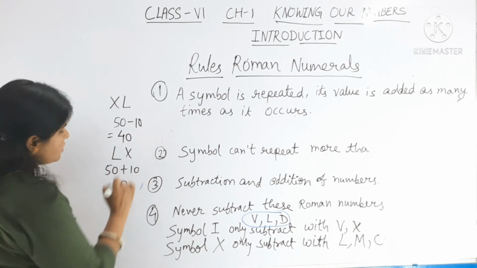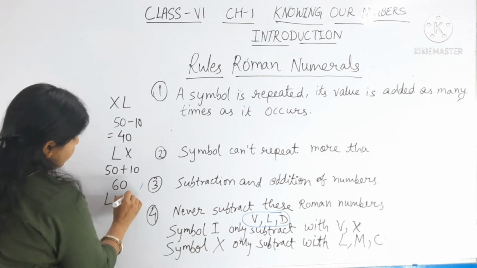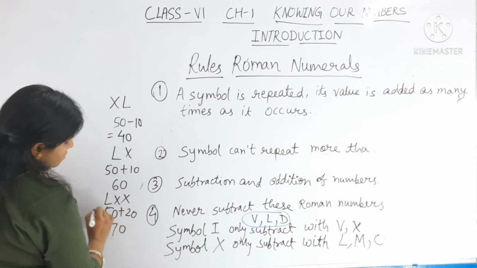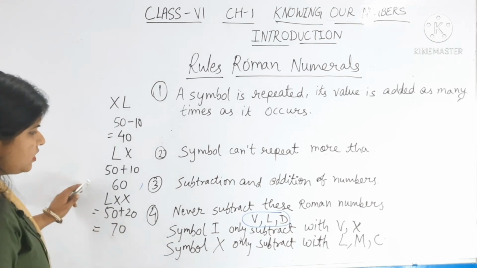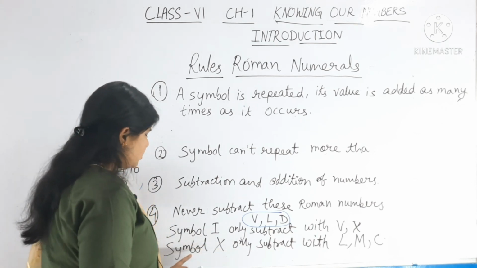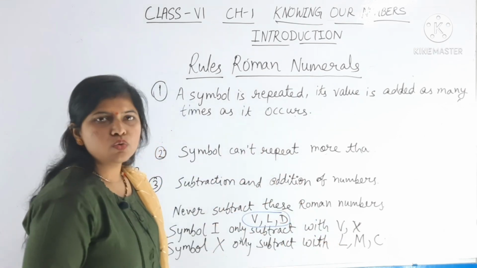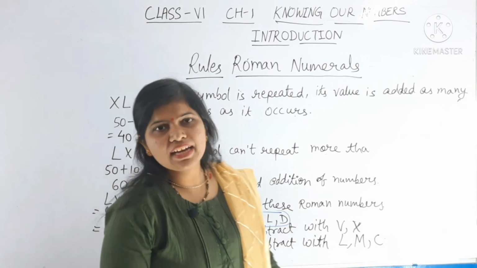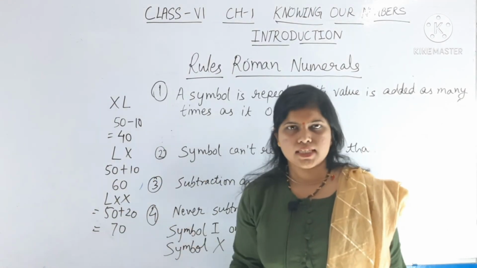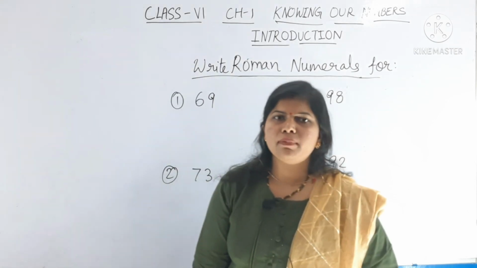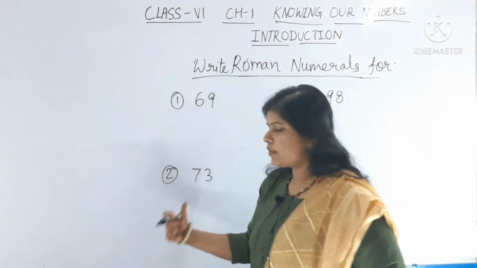For 70, how can you write? LXX, that is 50 plus 20, that is 70. Like this you have to use symbol X with L, M and C. That is the rules for Roman numerals, and you can write easily by following these rules. Now let's do some examples for the Roman numerals.